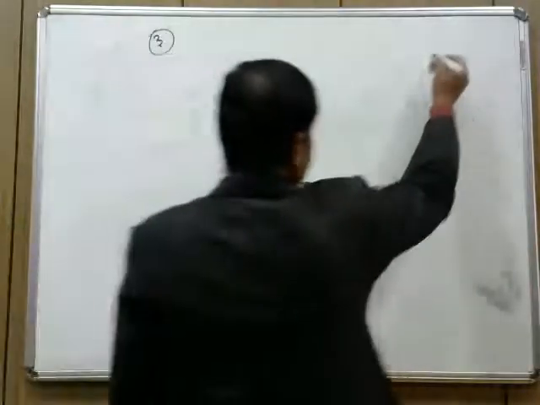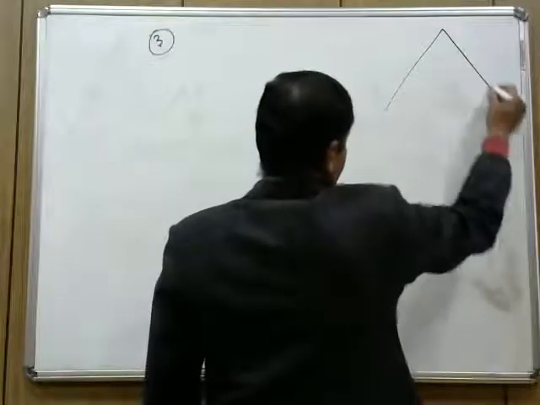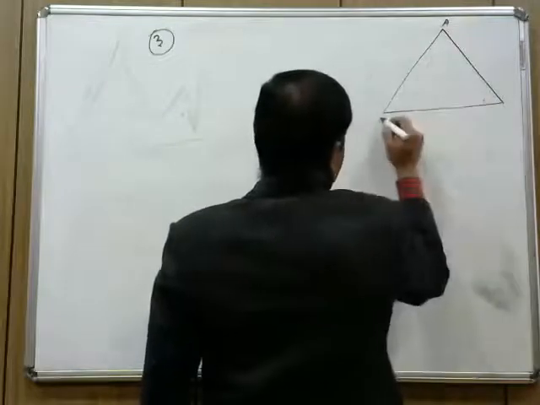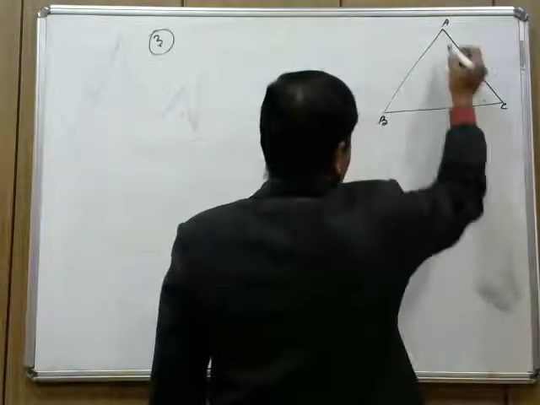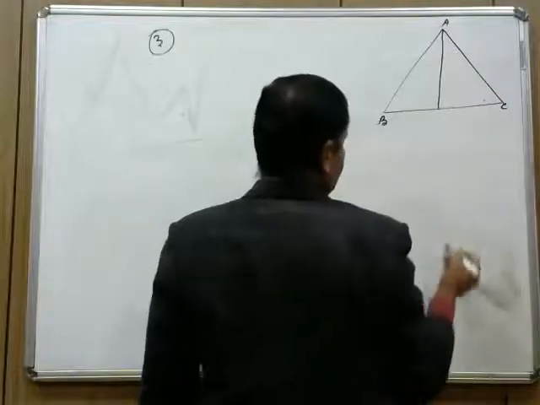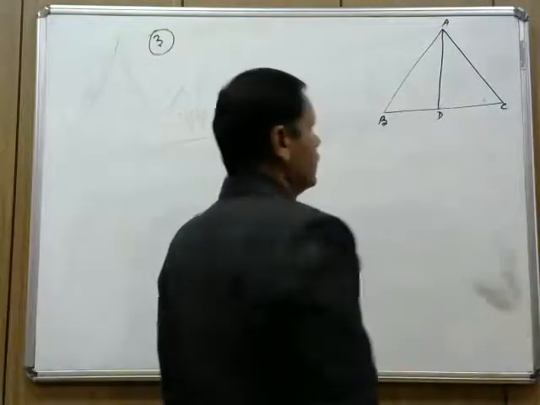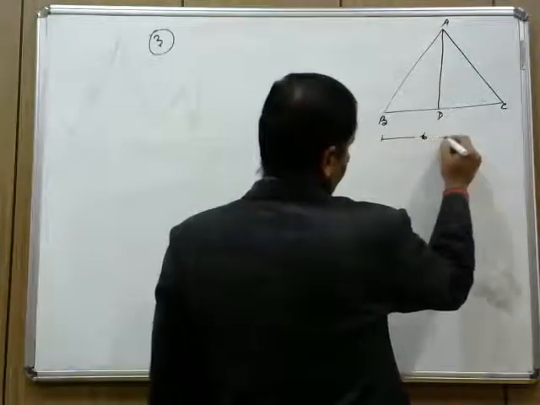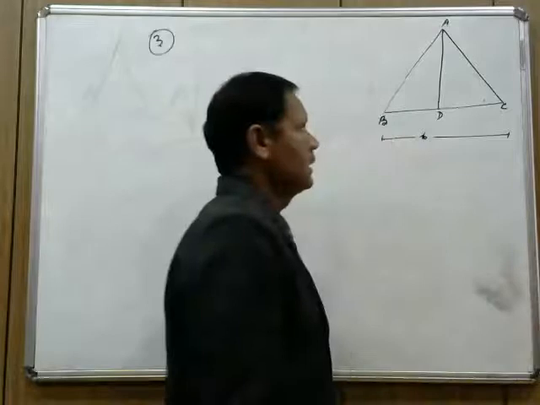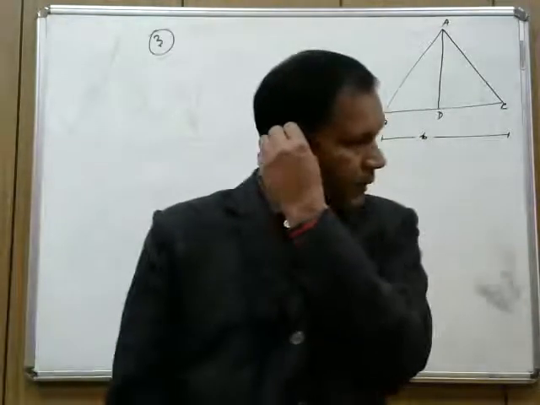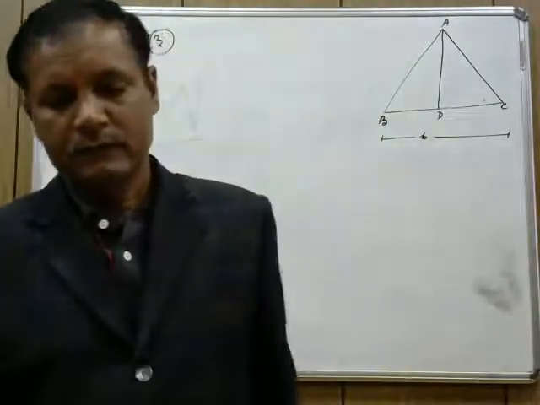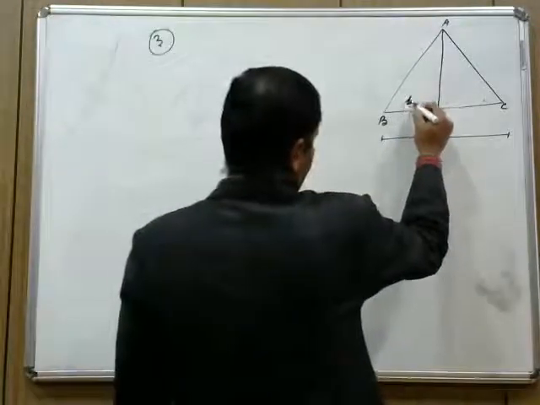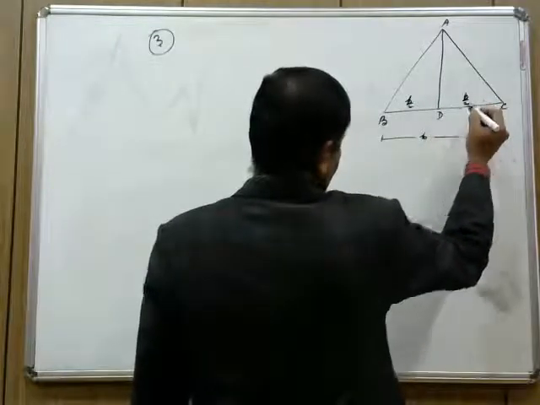ABC is an isosceles triangle whose base is given as B. Of course, in an isosceles triangle, the perpendicular drawn from the vertex divides the base into two equal parts. That's why this part will be B by 2 and this will also be B by 2.